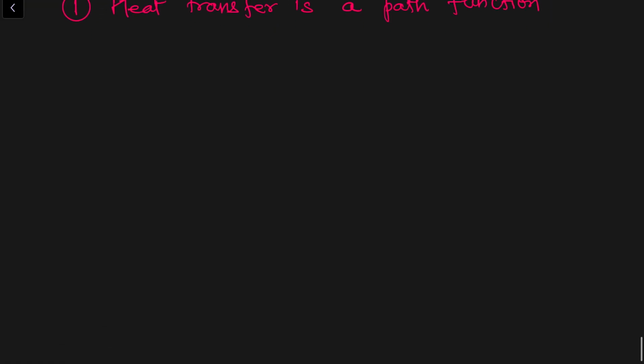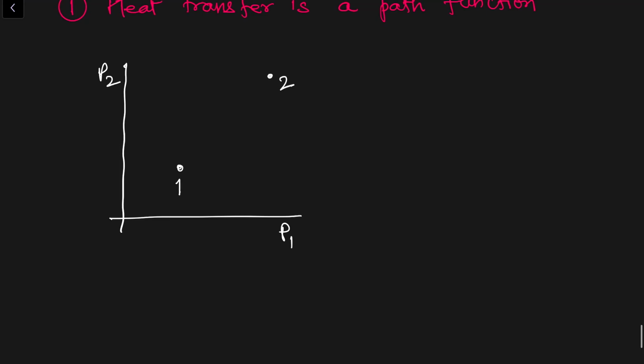Okay, so once again consider processes. Take this as property P1, P2, then define state 1 here, state 2 here, and we can go from state 1 to 2 using different paths.